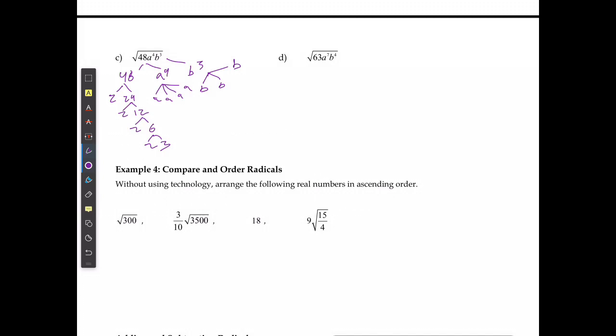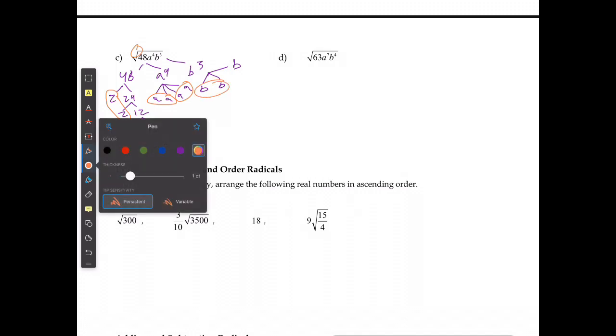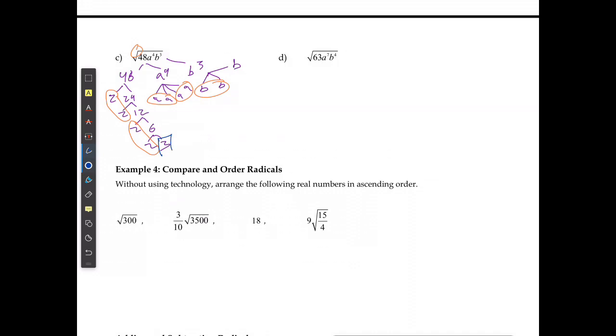Now I can use the same principle that we were doing with the last case. If I'm looking for the square root, I'm looking for pairs of the same number. Anything that doesn't have a pair has to remain on the inside of the radical. Anything that does have a pair, one of them can move outside the radical.